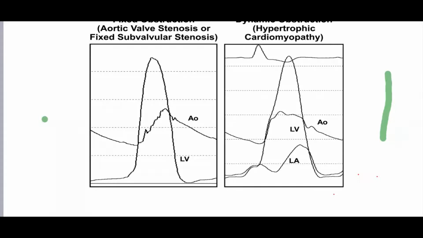So the initial one goes unimpeded. When it goes unimpeded, what does that mean? The initial flow goes unimpeded, meaning the velocity is high or low? Low. Very good. So when the velocity is low, the pressure is high or low?